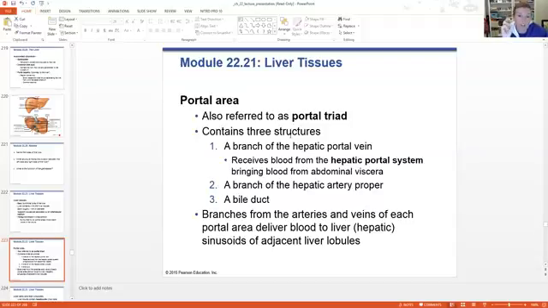And one of those dots is a branch of the bile duct. So branches of the arteries and veins from each portal area are delivering blood to the liver. They're called sinusoids. They're basically the capillaries of our liver.